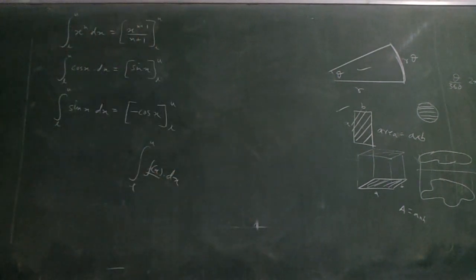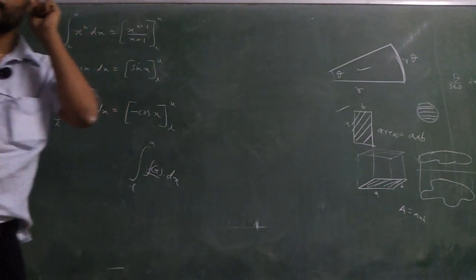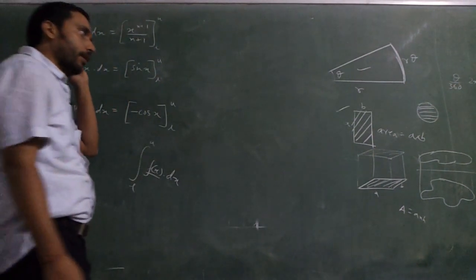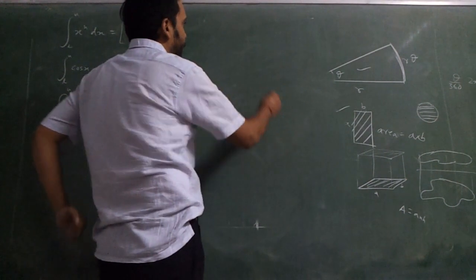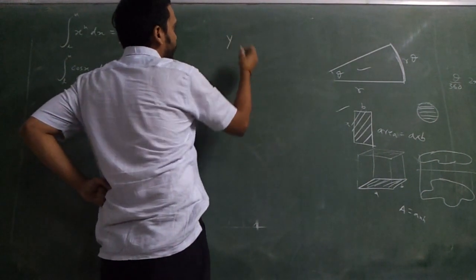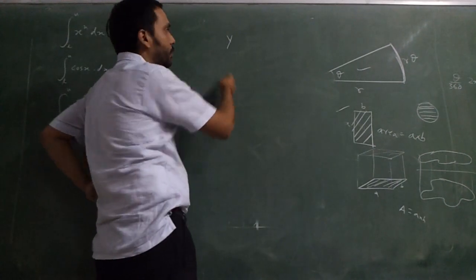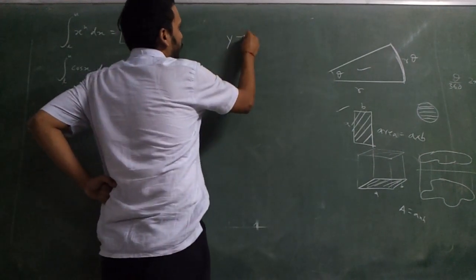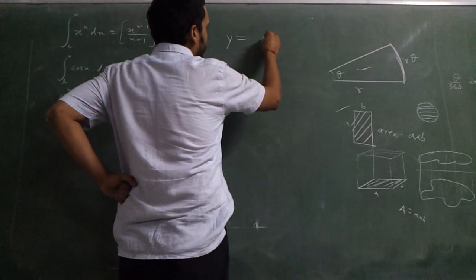All of you know programming? Loops and all, a little bit of programming. Okay, I'll write down a small program. The program is: there is a function y, y is equal to x square.